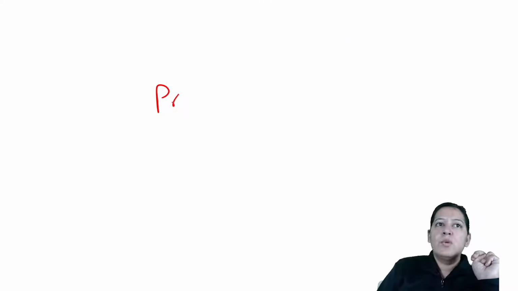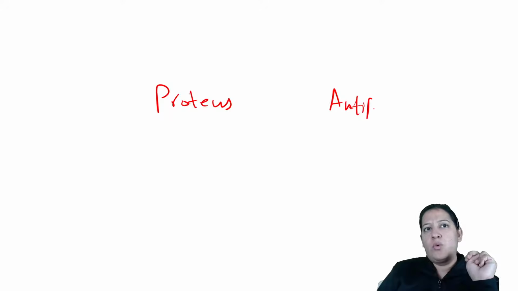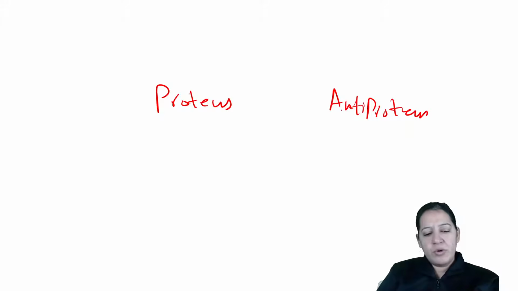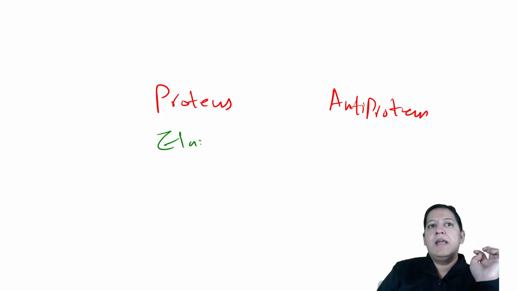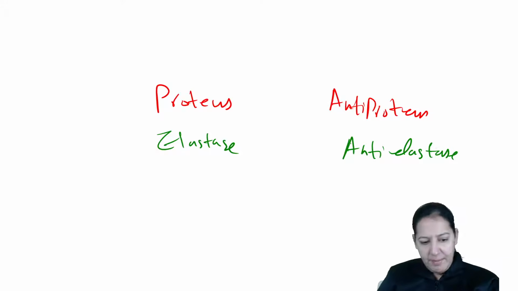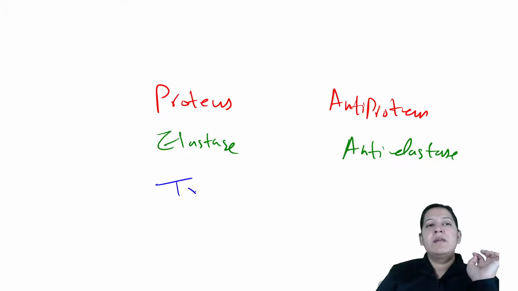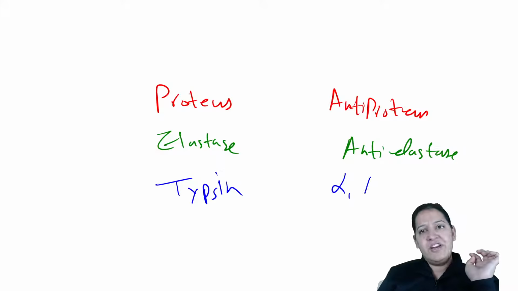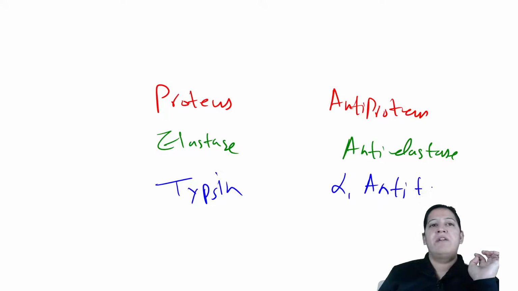One is known as protease, and one is known as antiprotease. Another name of protease is elastase, and antiprotease is also known as anti-elastase. One more name given to them is trypsin and alpha-1 antitrypsin. So one and the same thing.